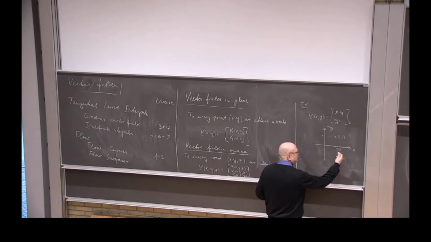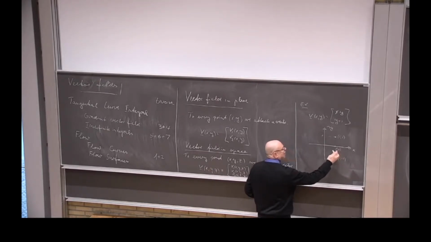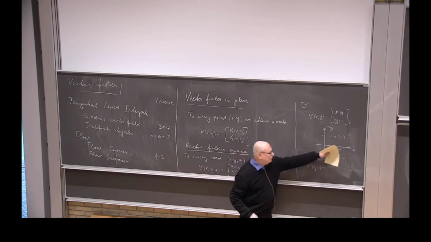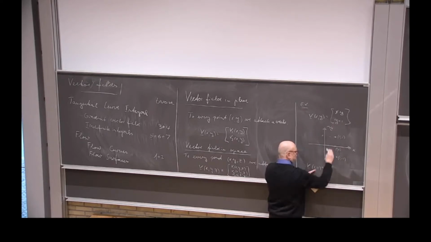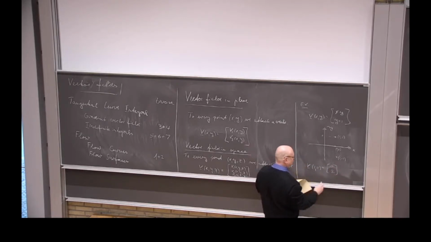So you simply plug in the x and y values in this vector field here, so if you plug in this point here, you get 1 times 0, that is 0, and then you get 1 plus 1, that is 2. No?